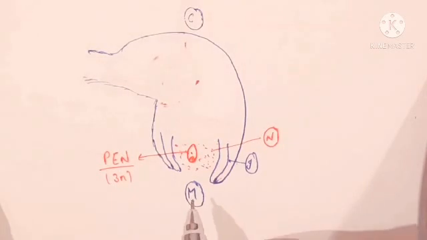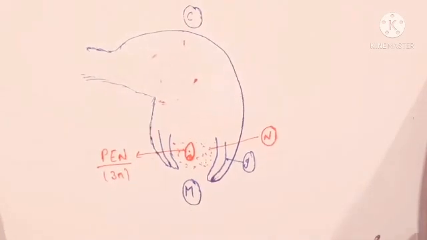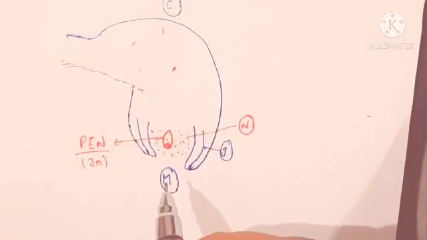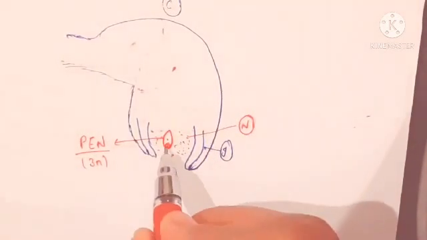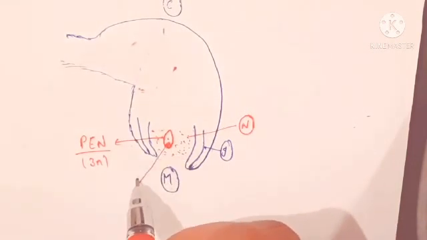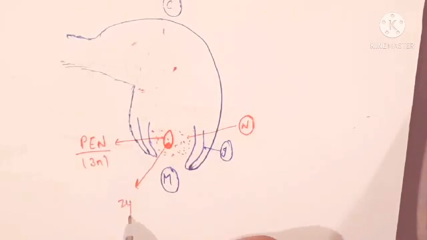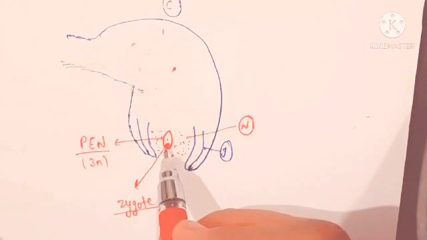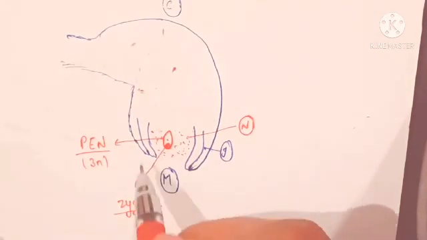So friends, what post fertilization changes occur here? This one is the egg. This egg is converted into zygote. These are the events that occur in post fertilization. Here the egg is converted to zygote.